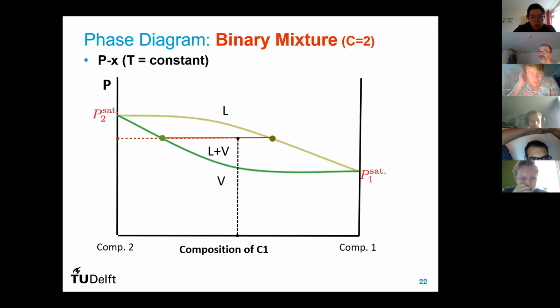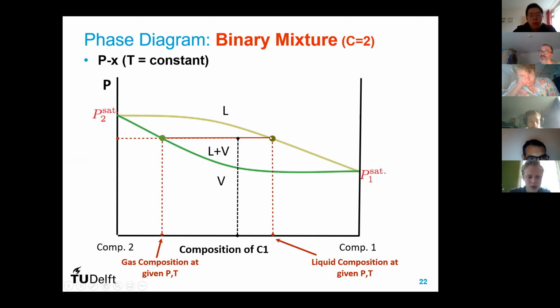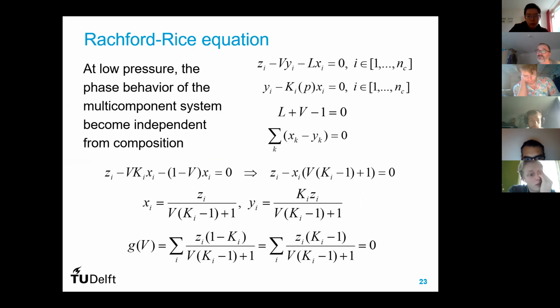This is equivalent to finding the tie line. This is your y, and this is your x. This is how your composition will split at the given pressure and temperature. This is the next step, and you can use exactly the same equations. It's just a little bit more in terms of the bookkeeping.